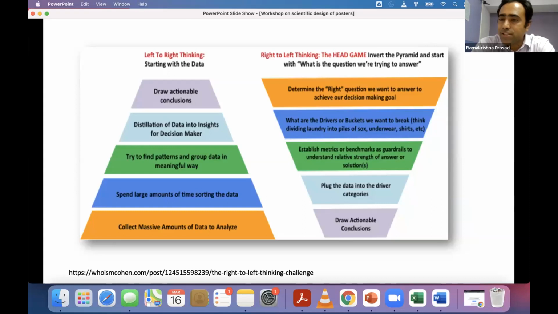Many times the question is not exactly your thesis question. Say, what is the percentage of patients with sickle cell anemia among those coming to a rural clinic? That is not your question. The question is something like, by presenting this poster, what am I trying to achieve? And then think about this from there on.